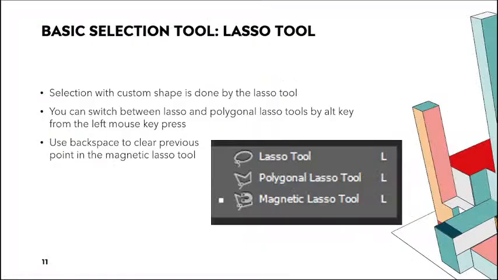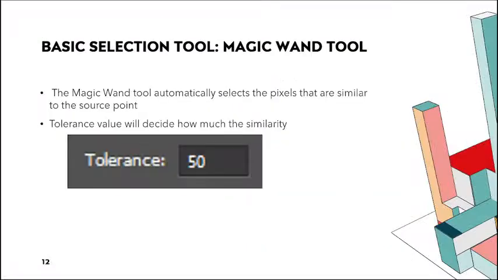Now we will move to the next tool. The next tool is the magic wand tool. What the magic wand tool does is it selects pixels similar to the source pixel. Okay, first you select one pixel, and it will automatically select all the similar pixels connected to that pixel in the same area.